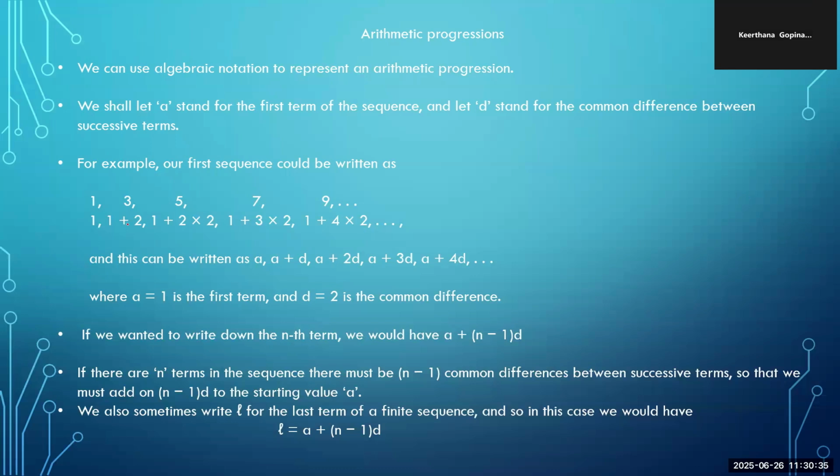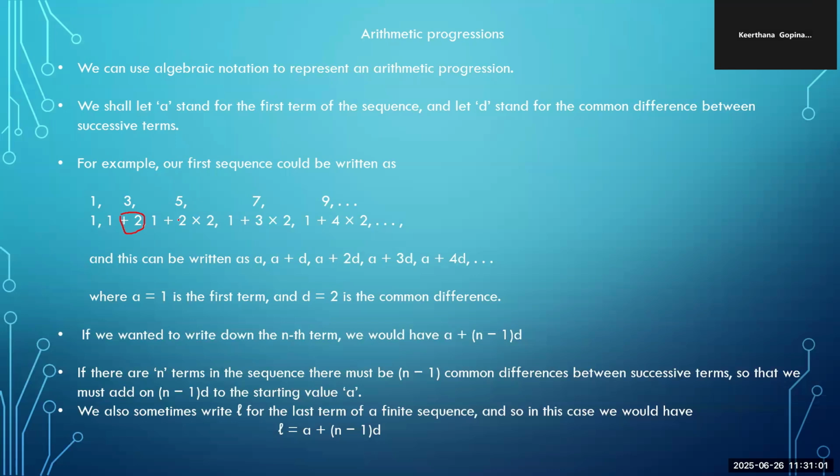Look at the first sequence: 1, 3, 5, 7, 9, that we saw. Here, when we wanted the next term, we just added plus 2 to it. In the first example, 1 plus 2 gives us 3.